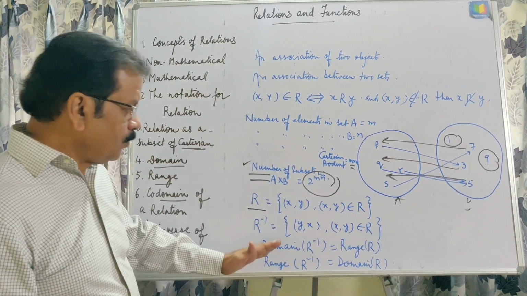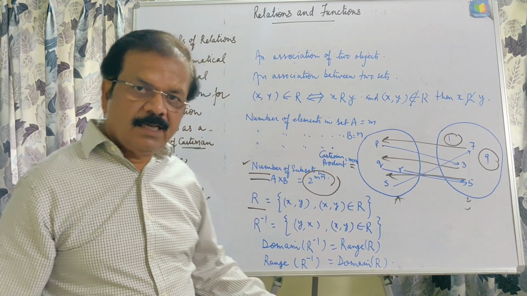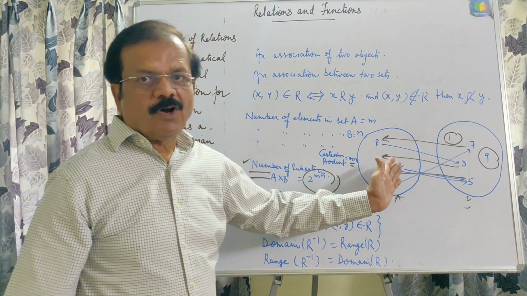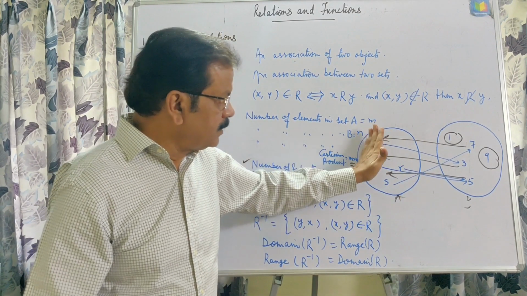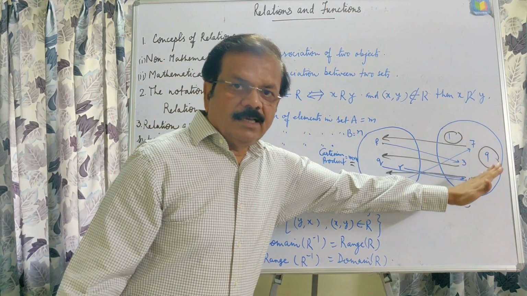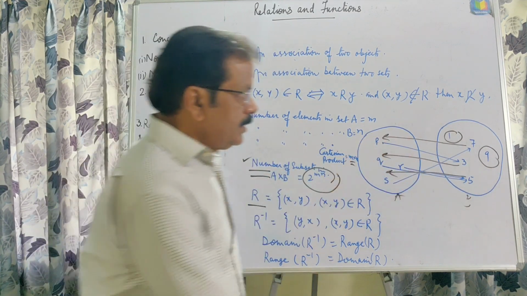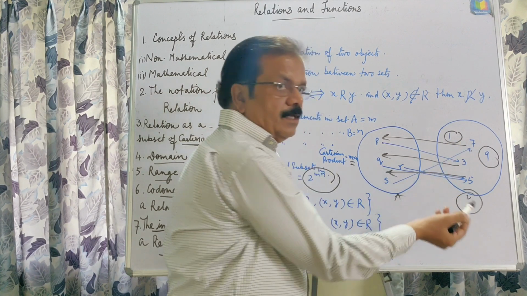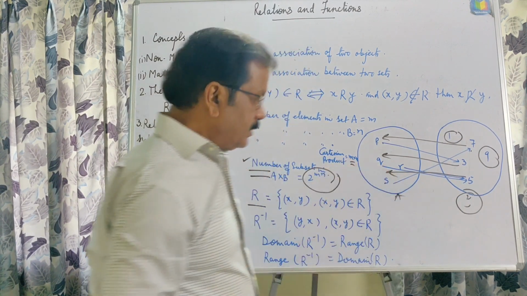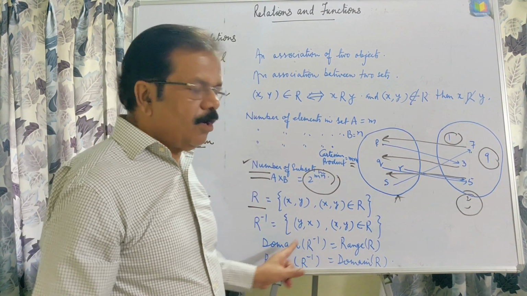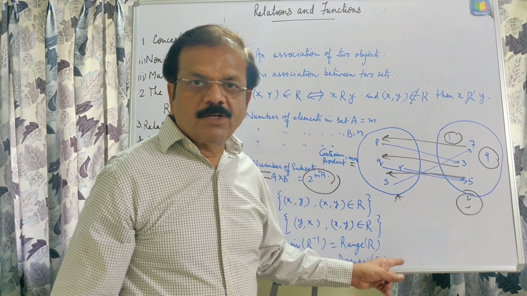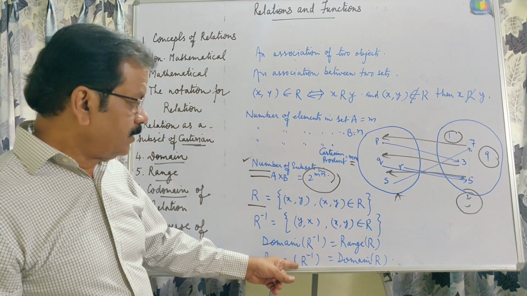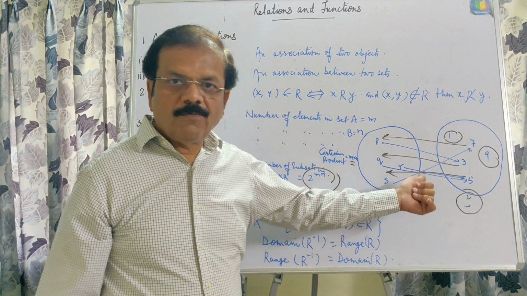In this case the domain and range also change, because the domain of R inverse will be the range of R. The relation R goes from this to this and the inverse goes from this to this, so the domain of R inverse is equal to the range of R, and the range of R inverse is equal to the domain of R.